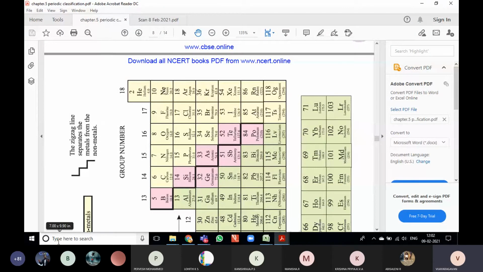The meaning of halogen is salt producing, because chlorine, bromine, iodine and all, they react with metals like sodium, calcium, silver and potassium. They give a salt. So they are given the name halogens.